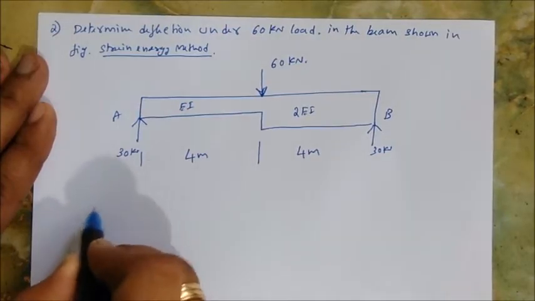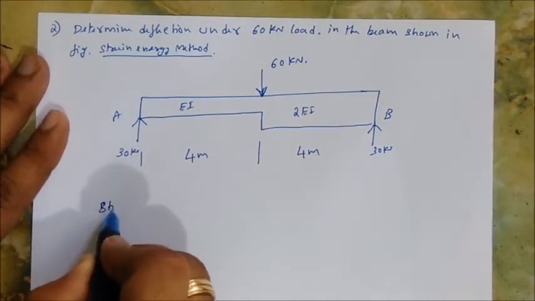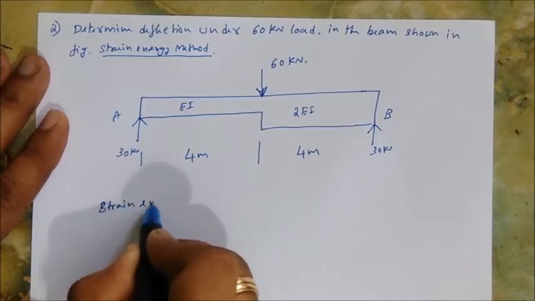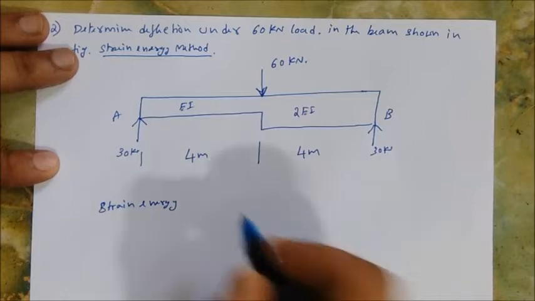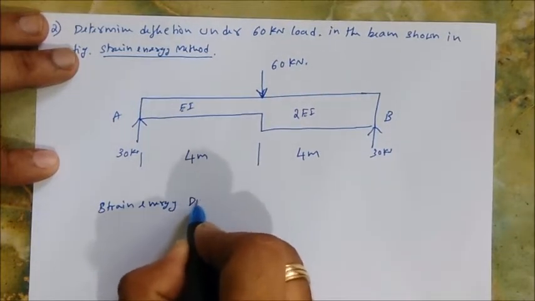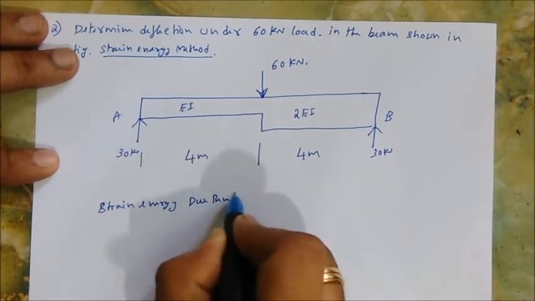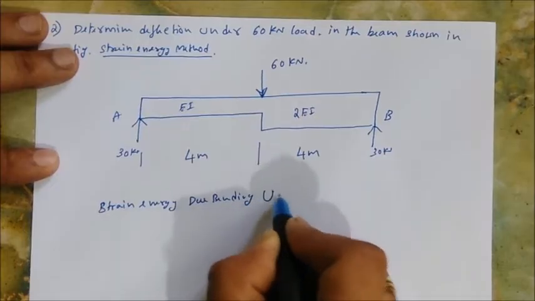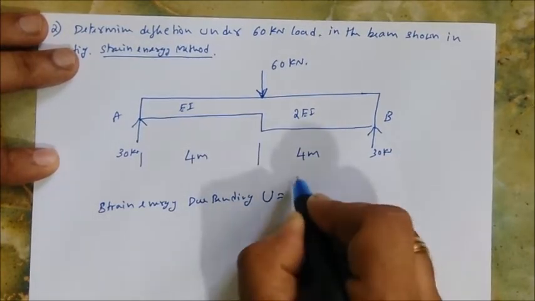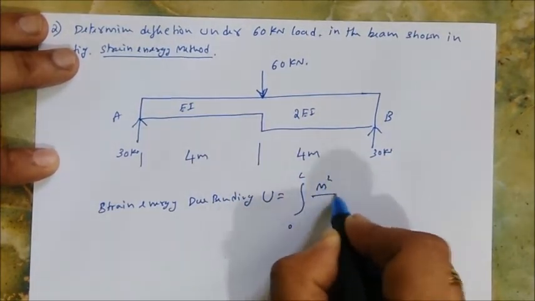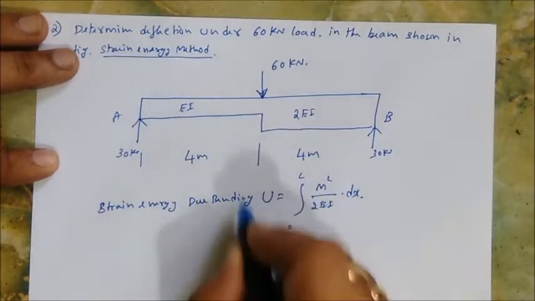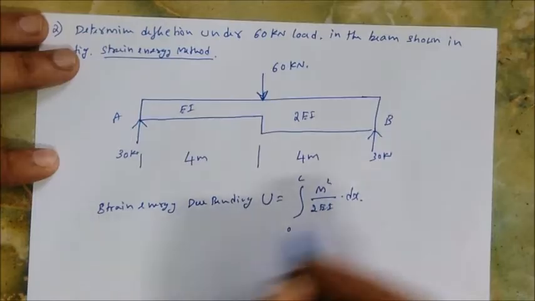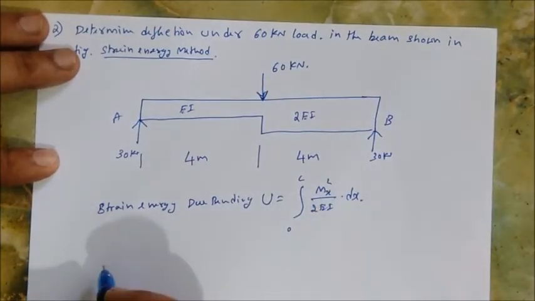The strain energy due to bending, you write on your notes: U is equal to integration 0 to L, M square by 2 EI dx, where M is Mx.